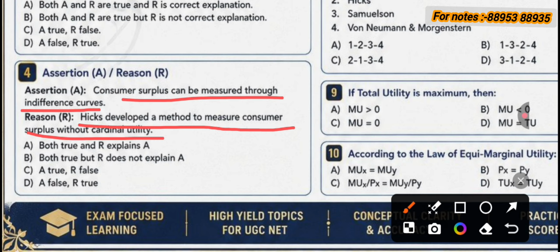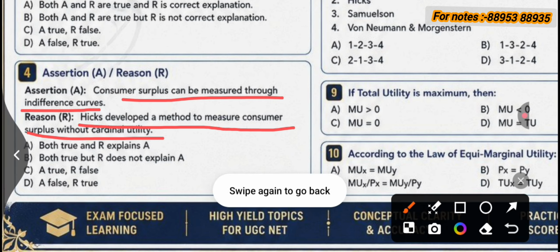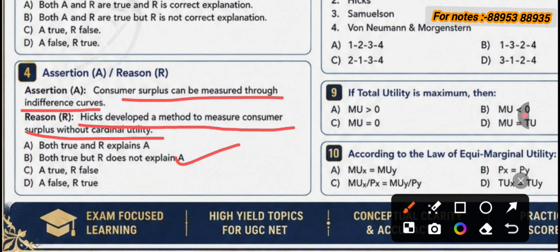Option A is both true, R explains A. Option B is both true but R doesn't explain A. Option C is A true, R false. And option D is A false, R true. Then what is the correct answer here? The correct answer is option B. Both true but R doesn't explain A.